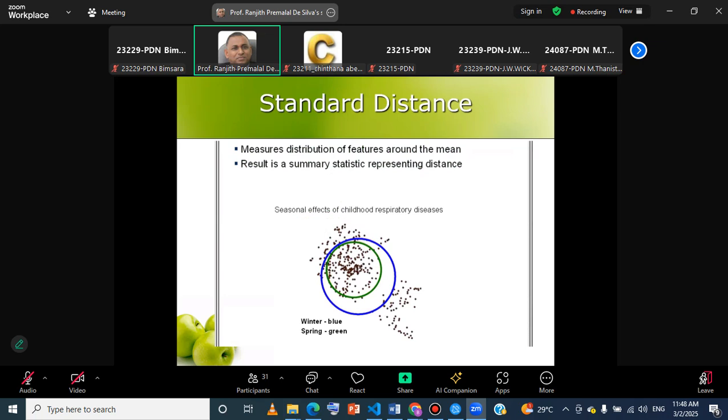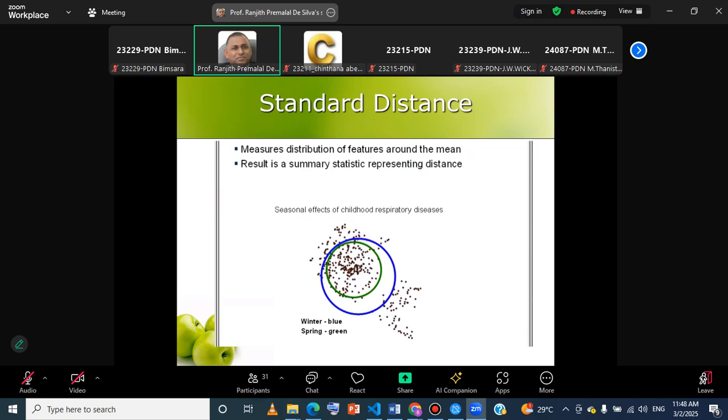Standard distance measures the distribution of features around the mean, right? So you need to have the knowledge of the mean, because standard distance is calculated from this mean center.